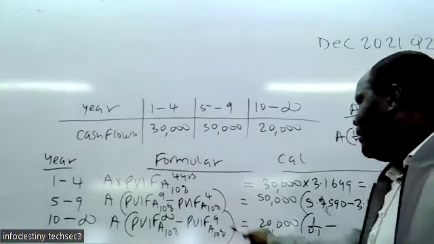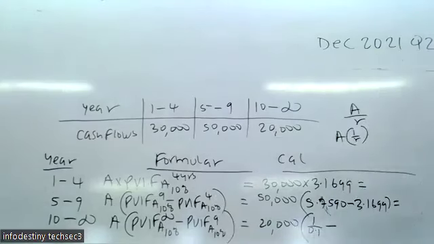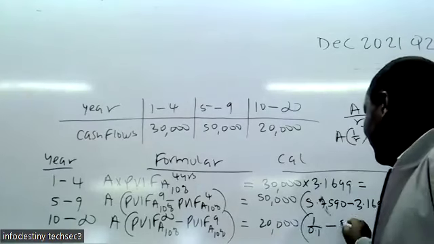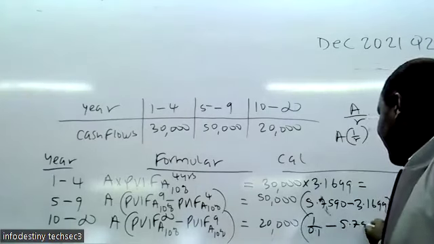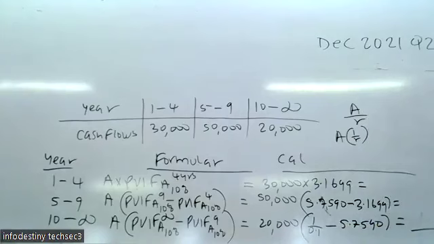Then now you minus the one for year 9, which we know is 5.759. So when you add them together, you get the present value of those cash flows.